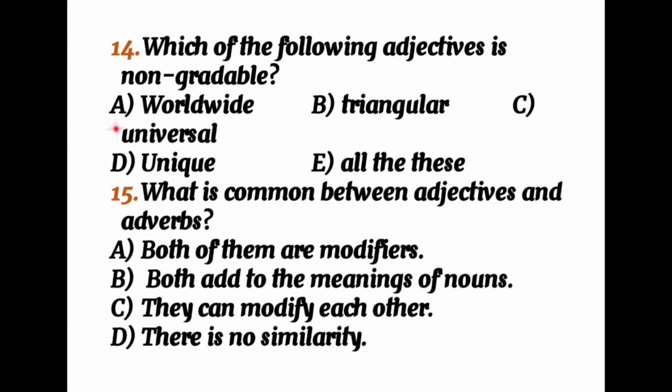Universal, a thing is either universal or it is not universal. Again, more universal, most universal, not possible. Unique means that there is nothing like it, right? Again, there is no comparison possible, so it means that all of these are non-gradable adjectives. So it is a very useful question as far as learning gradable or non-gradable adjectives are concerned. These are 4 adjectives that I have listed here, and all of them are non-gradable adjectives.